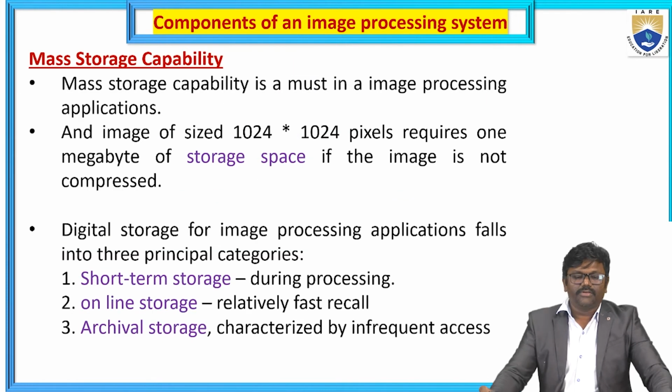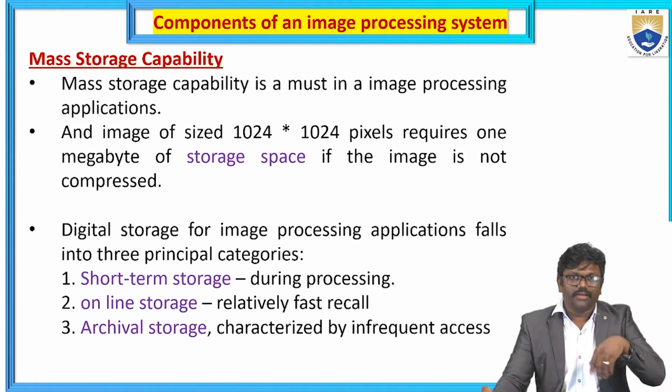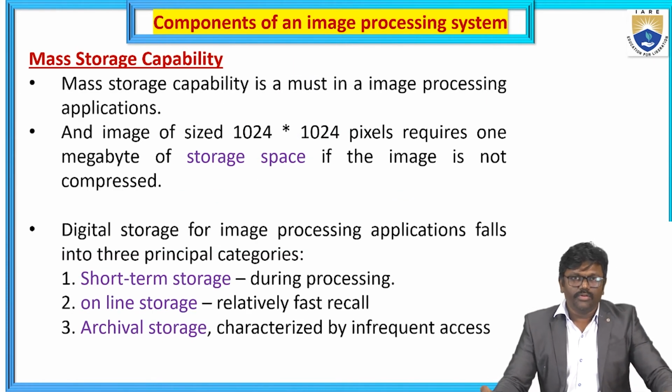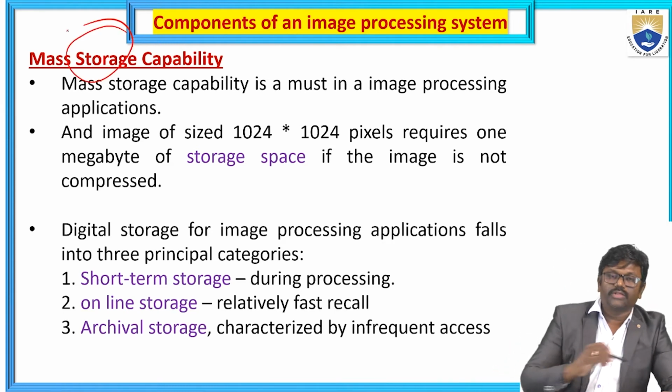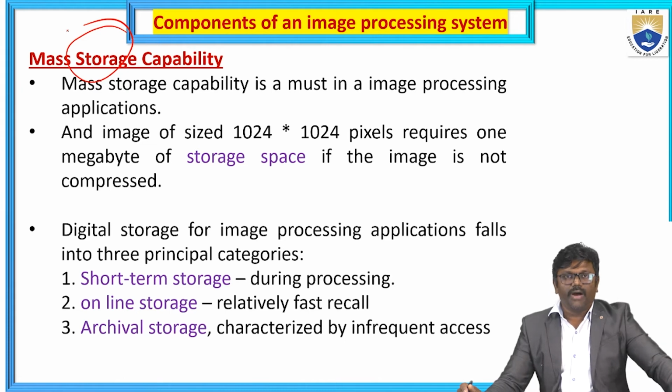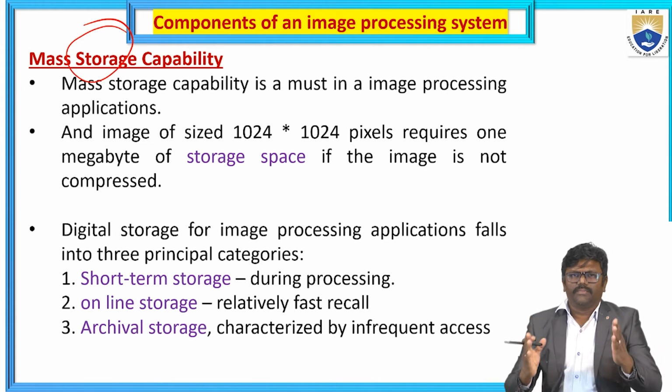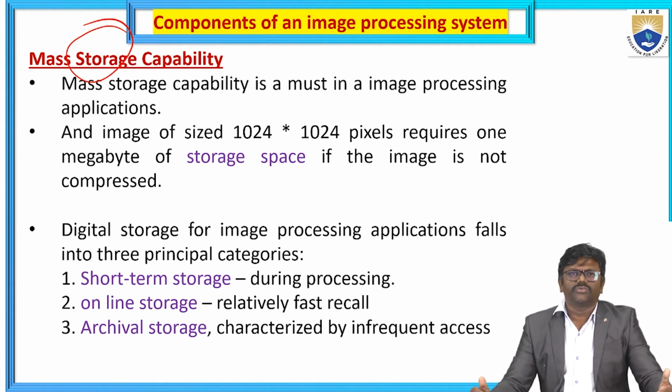Okay. Next, when we are going to process this information, we immediately depend upon the storage capability. So mass storage capability, that means the bulk of data which we want to store.